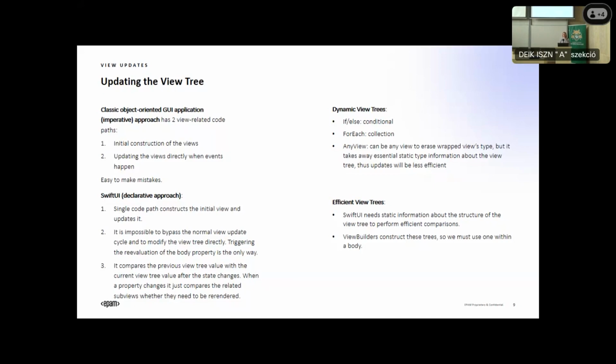We can also have AnyView, which means that it can wrap any view, but the tricky part is that SwiftUI won't know the static type of that view, and it is essential information for efficient view updates. With AnyView, the structure of the view tree is not static enough, so the comparisons will be less efficient.